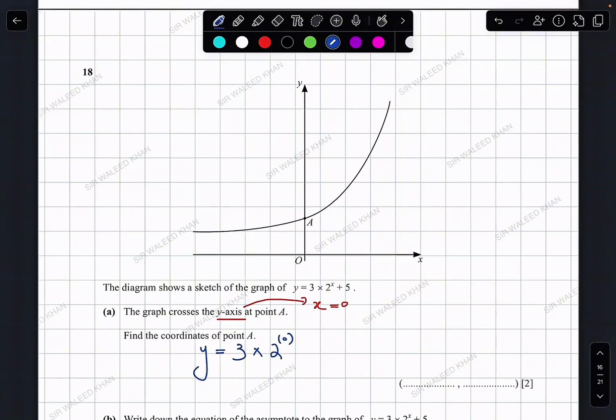Anything to the power 0 is 1. So 3 times 1 plus 5, so 3 plus 5, that is 8. So our y-intercept is 8 and the coordinates of the point are (0, 8).